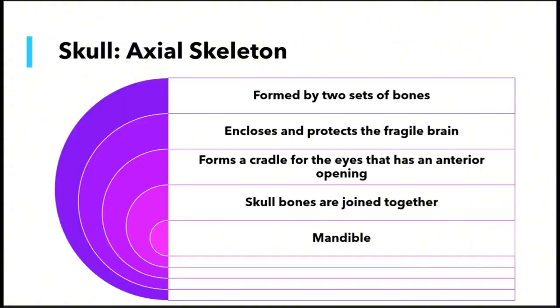Your axial skeleton is formed by two sets of bones, your cranium and facial bones. Also, your skull forms a cradle for the eyes that has an anterior opening. With the help of facial muscles, it allows us to show our feelings through smiles or frowns.